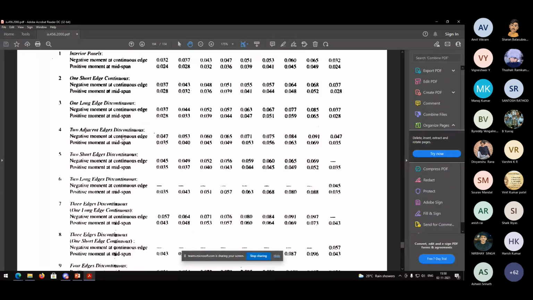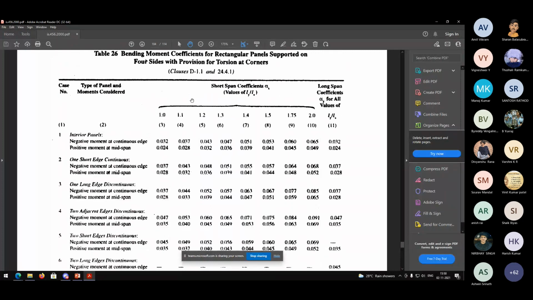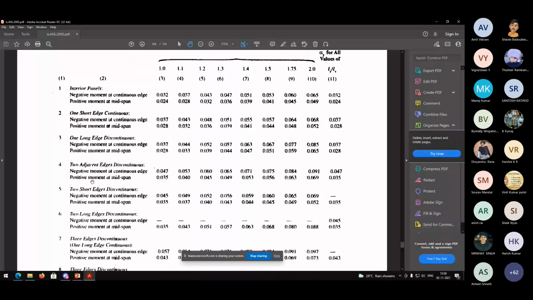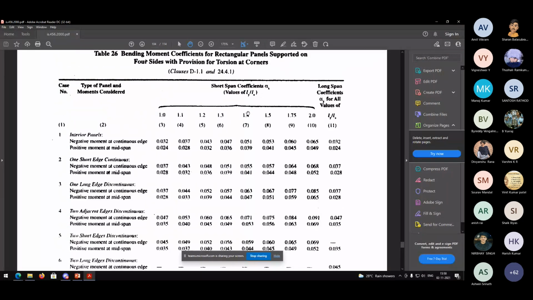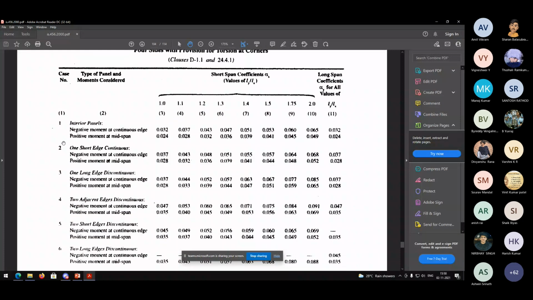So anyway, your first job is to identify what panel it is. Once you identify the panel, calculate its aspect ratio. For example, if the aspect ratio is say 1.4, and you have a slab whose adjacent edges are discontinuous, then you'll come to number 4, and you just pick out the value of the moment coefficient for negative moment and the coefficient for positive moment for the x direction.